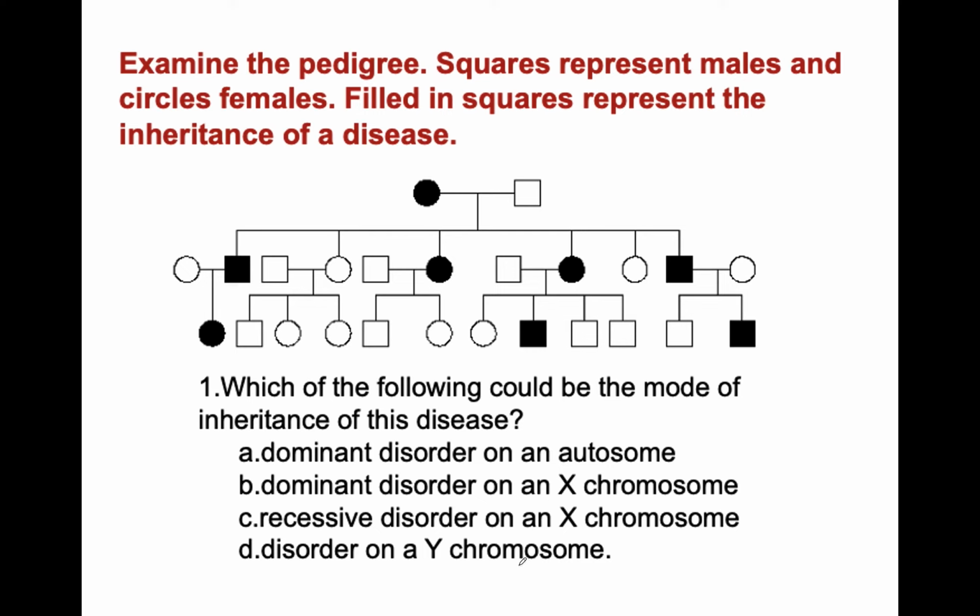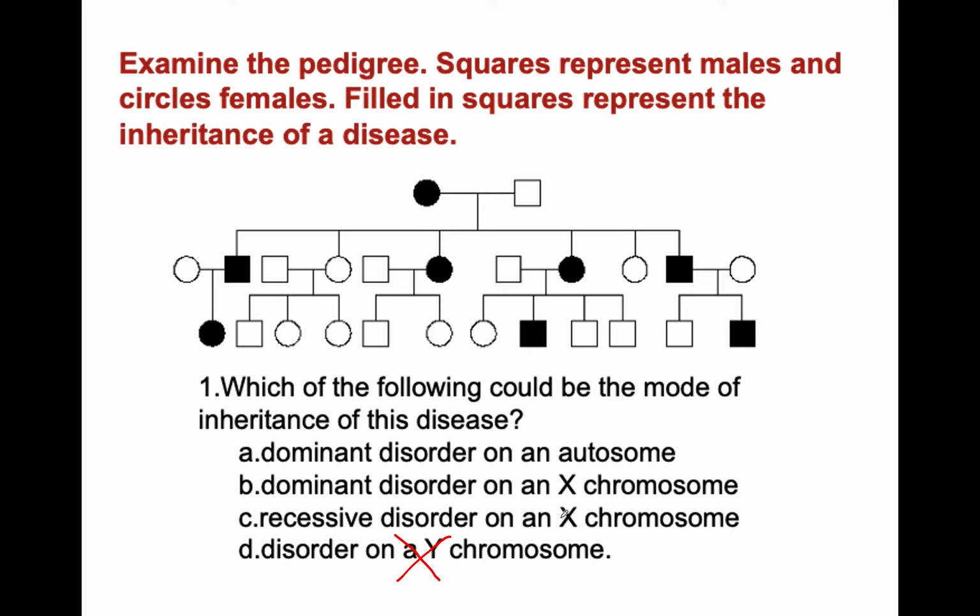Can we find females that have the disease? Yes, we do. Since we can find females with the disease, it cannot be on the Y chromosome, because females don't have a Y chromosome. So we rule this out.